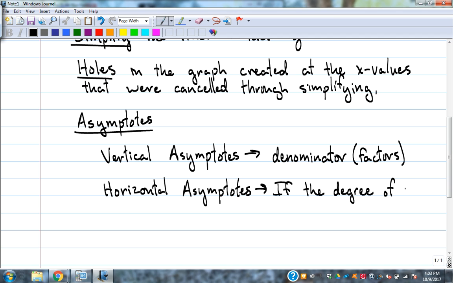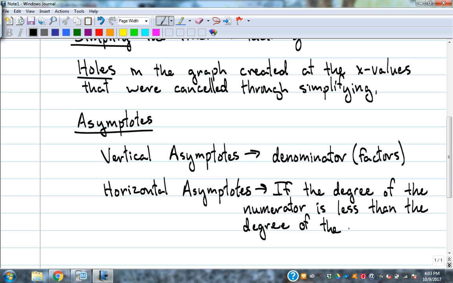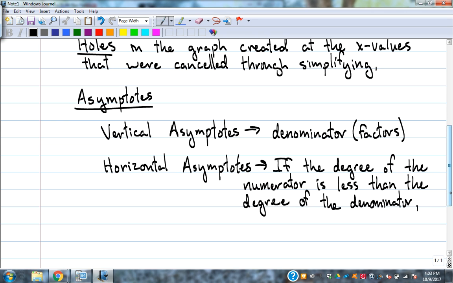So if the degree of the numerator is less than the degree of the denominator, if that's what's happening, for example, f of x is x squared plus 9x minus 3.